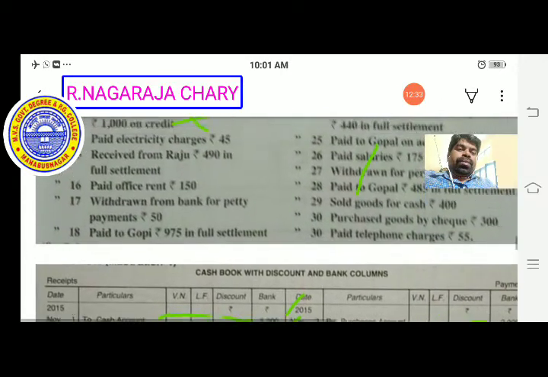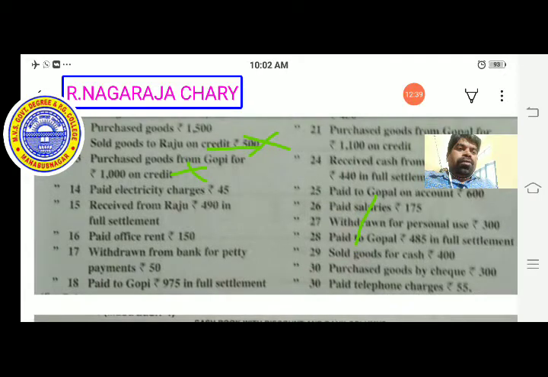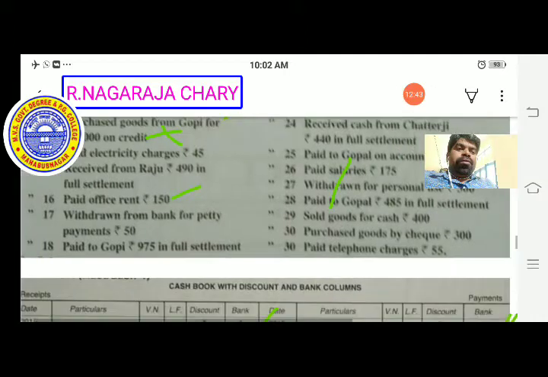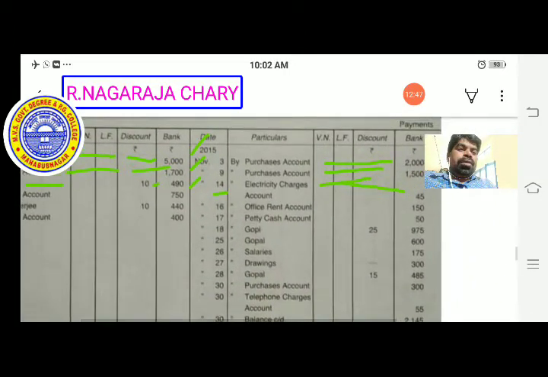Next, paid office rent. We are paying office rent, which is nothing but a payment. You observe here office rent, that is 150 rupees, this 150 rupees is paid. On the payment side we have to write it.